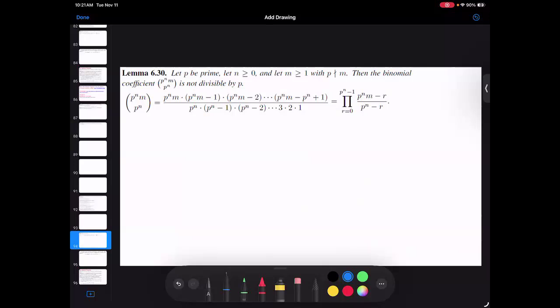What's nice about binomial coefficients is you have a huge amount of cancellation. 110 choose 10. Well, almost all the factors cancel, and you just have 110, 109 all the way down to 101 over 10 times 9 times 8 all the way down to 1. Almost all the factors cancel. So when we multiply everything out, most of the factors cancel.